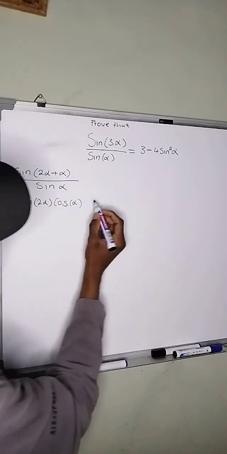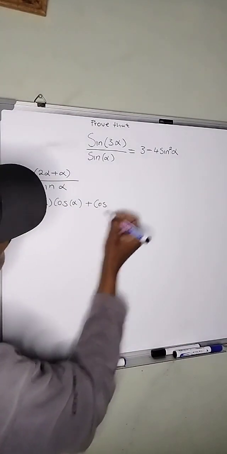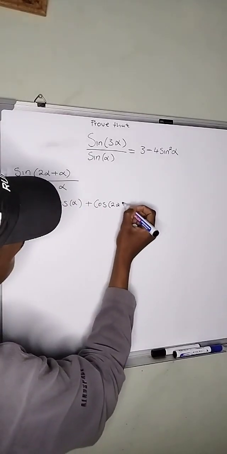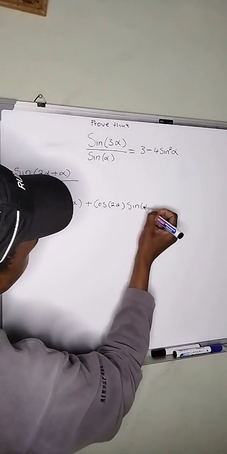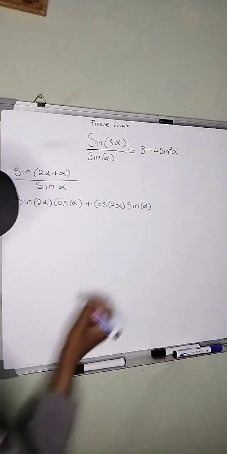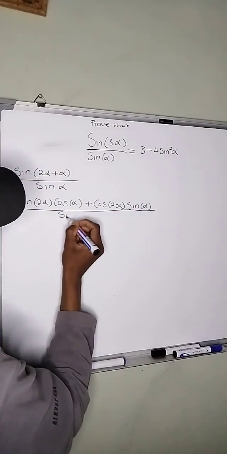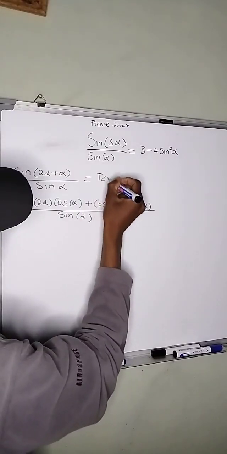So it's going to be plus cos 2x sine alpha, all divided by sine alpha goes to the RHS.